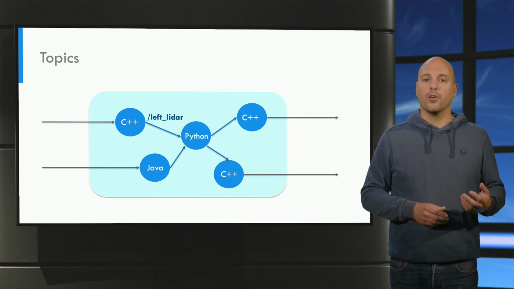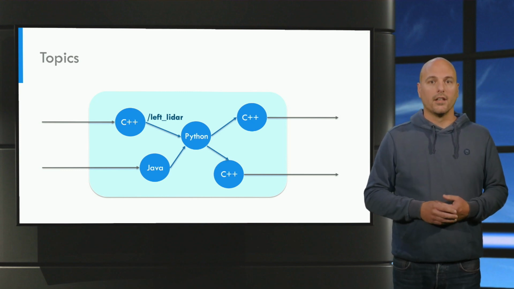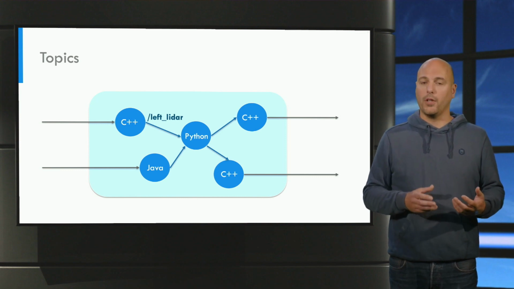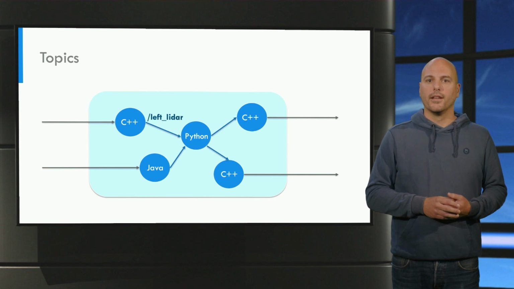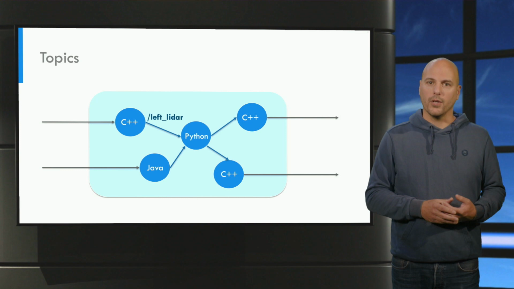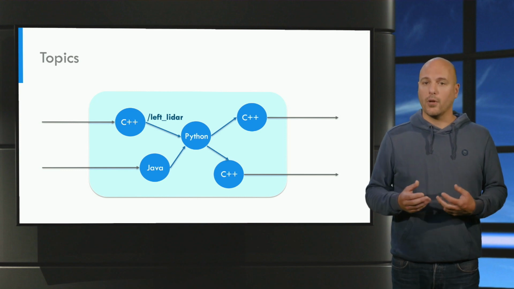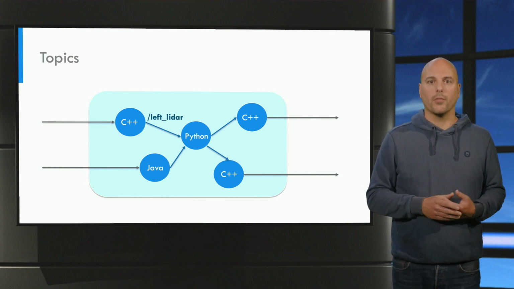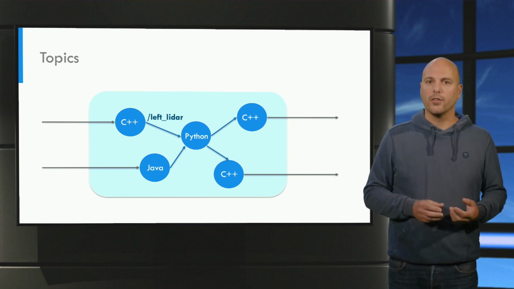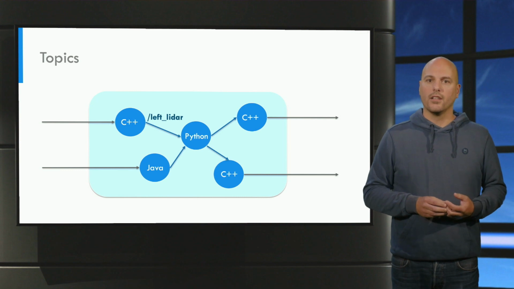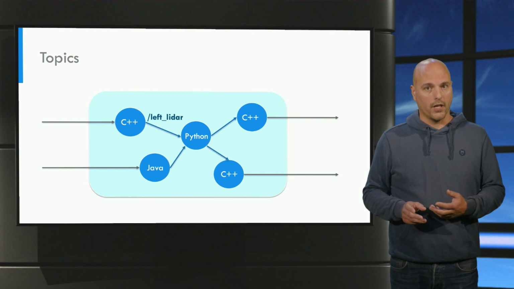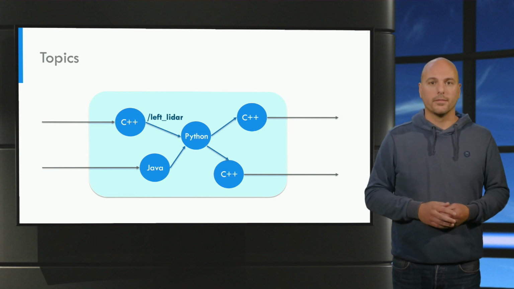This is how the program knows what data to access. This also holds for topics and is called the topic name. For example, left_LiDAR. The C++ node now publishes this sensor data to each node that is subscribed to this topic name. Note that this might be more than one. This data stream is mostly used in sensors publishing their data. This is done in a unidirectional way so that data only goes one way, from one node to the other.